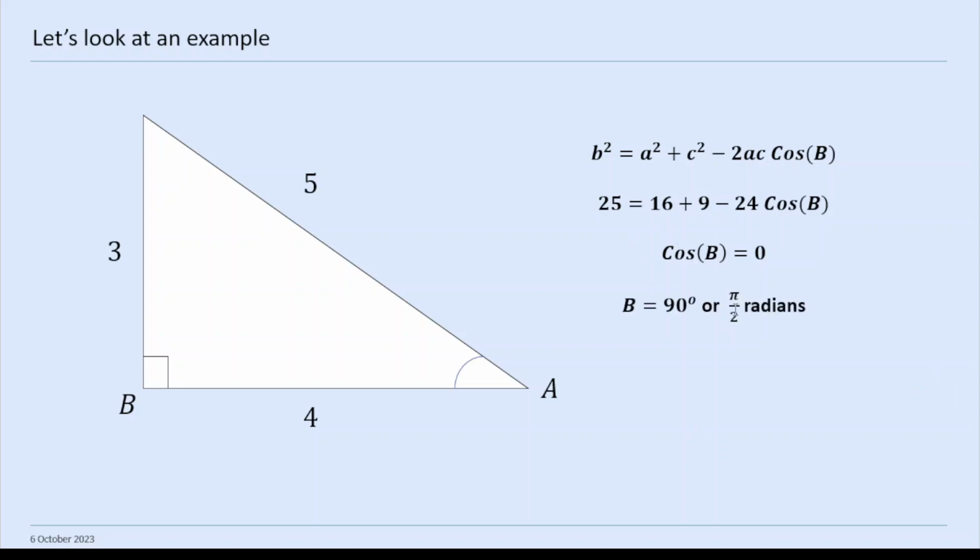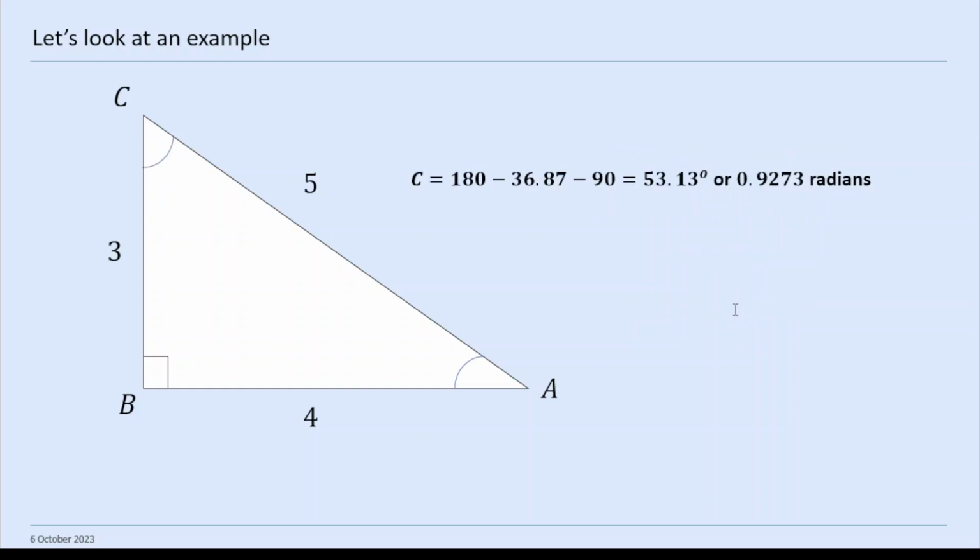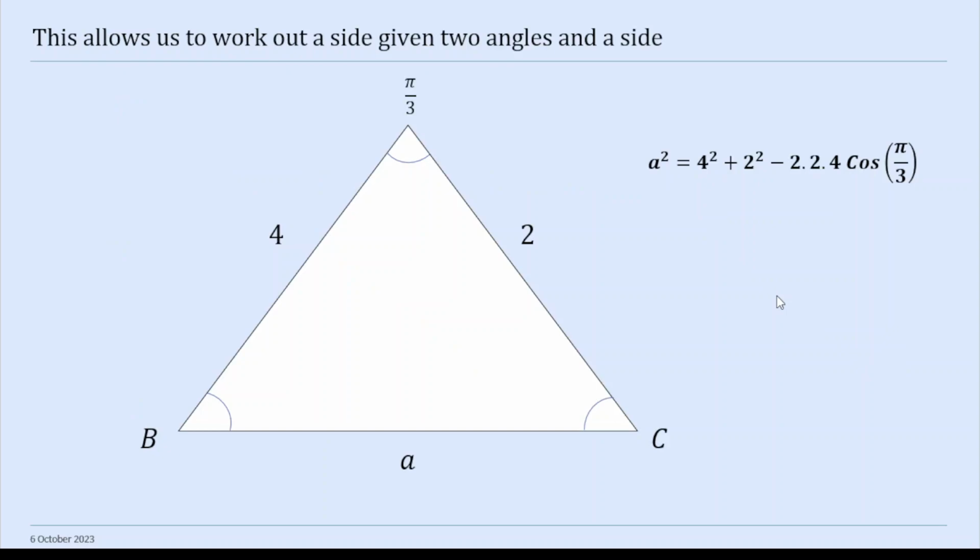B equals 90 degrees, or pi over 2 radians, so it's a right angle triangle. Then you can work out C, because 180 minus 36.87 minus 90 gives you C, 53.13 degrees, or 0.9273 radians.